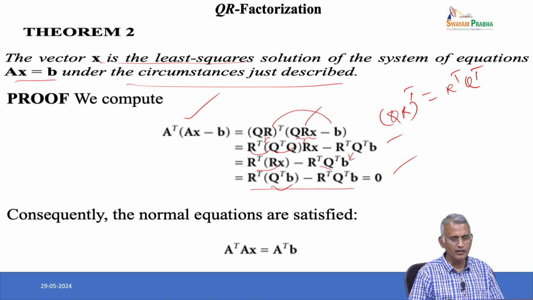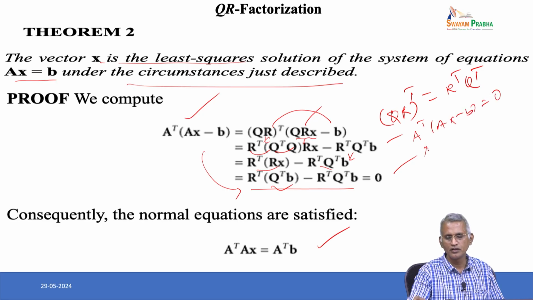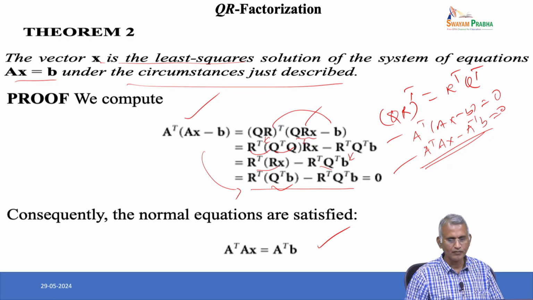Consequently the normal equations are satisfied. This implies A transpose of Ax minus b equal to 0, so A transpose Ax minus A transpose b equal to 0. So this is the required value from the QR factorization.